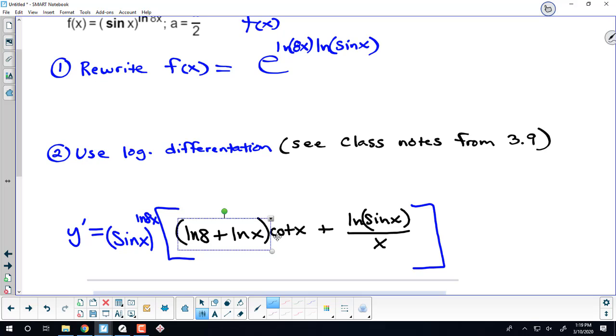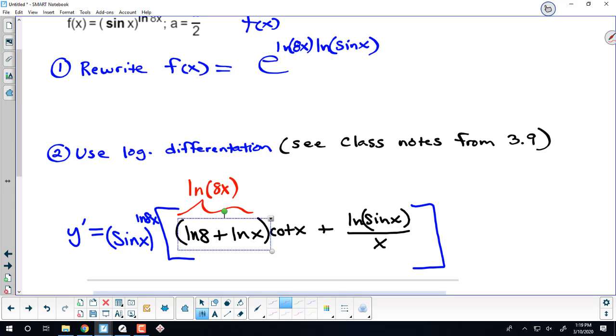Yeah, I personally think it's easier to have ln of 8 plus the ln of x. I would have just left it as the ln of 8x. But we were just trying to be consistent with our notes in class, where we said simplify completely with logarithms. But yeah, that's certainly ln of 8x times cotangent.